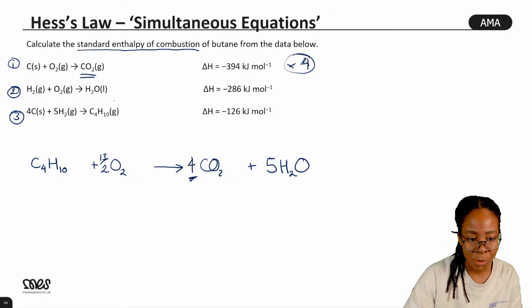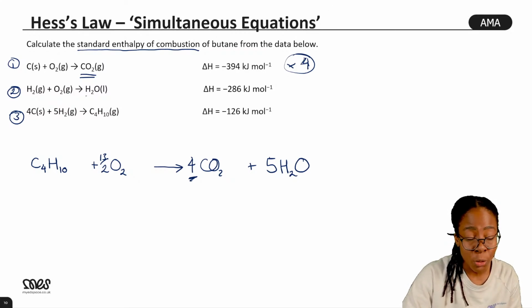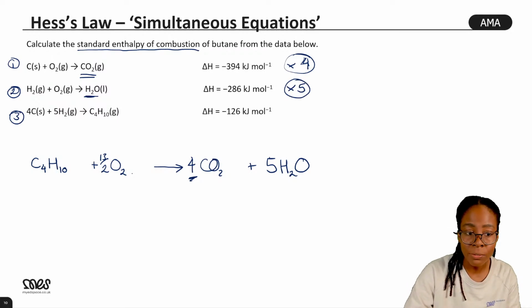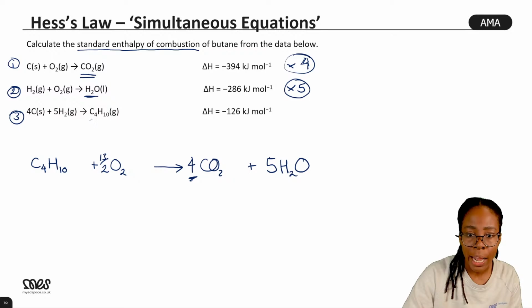For our second equation, we want to look at the water, right? And again, it's already on the correct side, but we know that we're going to need to multiply that by 5. Lovely. And then for our final equation, we'll look at our butane. Fantastic.